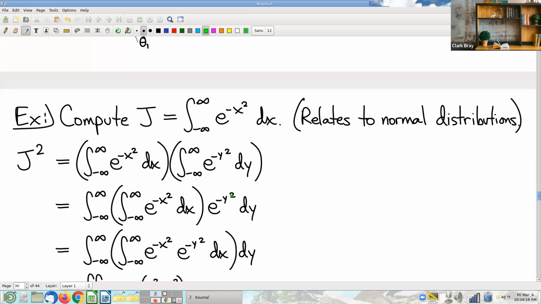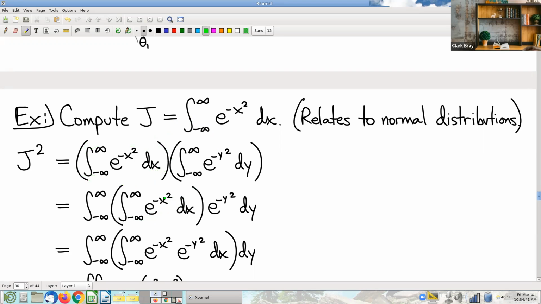Okay, first slick move. This is just a number. This is a calculation on its own. It's a value. It's a constant. It's J, right? Constants, you're allowed to pop inside of an integral like so.